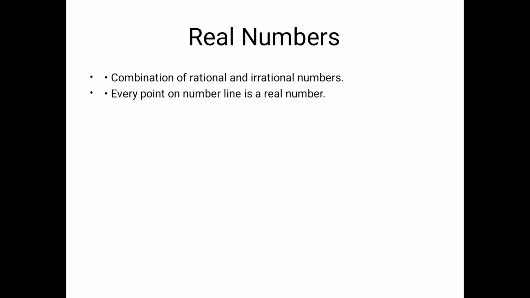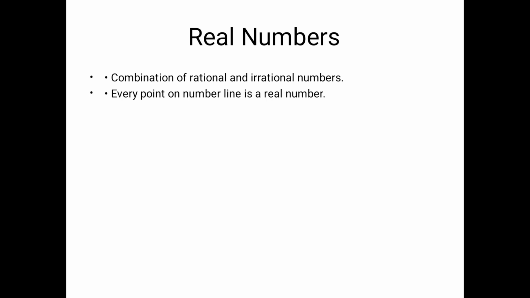decimal expansion. I told you earlier that real numbers are a combination of rational as well as irrational numbers. Both together are real numbers. There is no different set of numbers which are called real numbers.